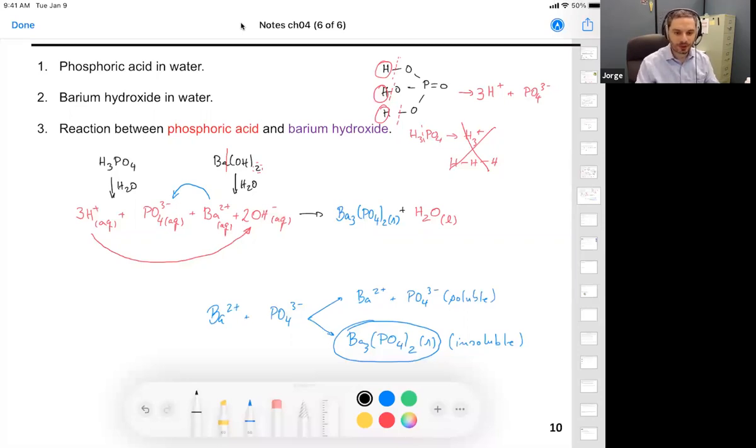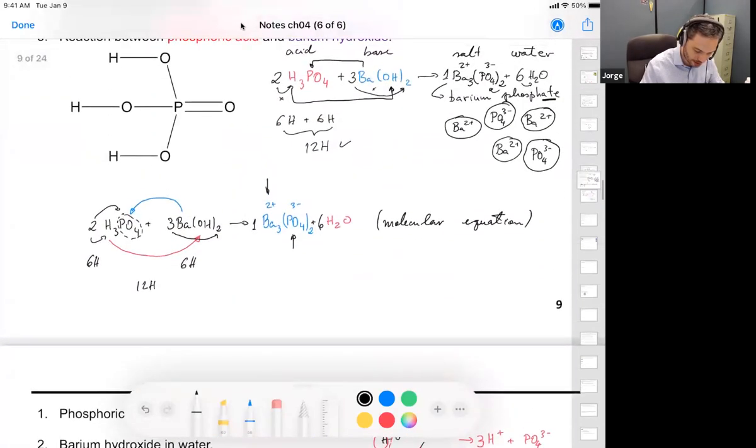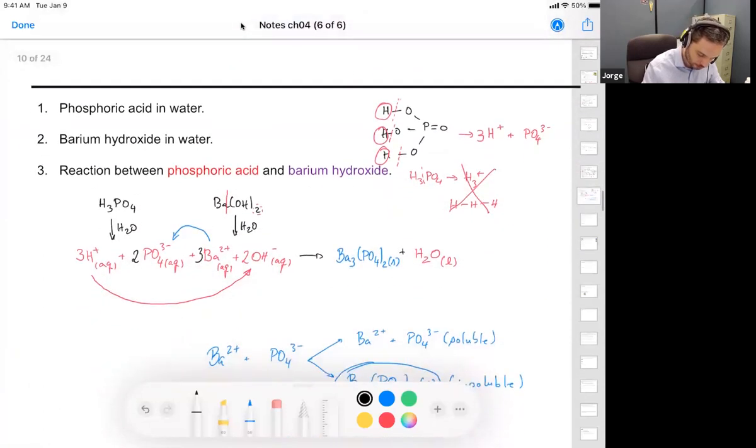And of course, this reaction is unbalanced, so we need 3 barium and 2 phosphates. Then what I like to do is recycle the coefficients from the molecular equation. So we are going to generate 6 waters.